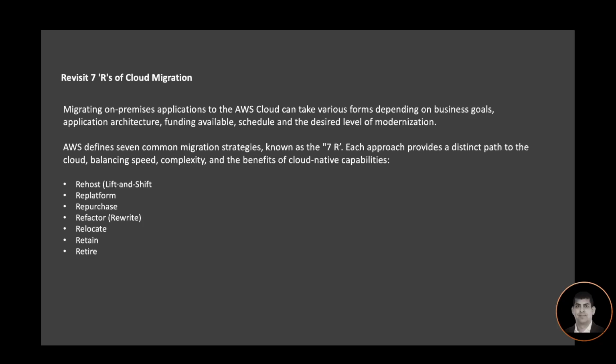Retain is also for specific use cases for a specific application. It could be a licensing reason, a technology reason, a business compliance reason, or a third-party software running. Whatever the reason is, let's say the decision is to retain those apps.